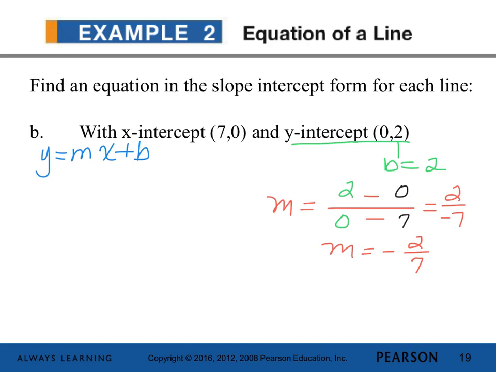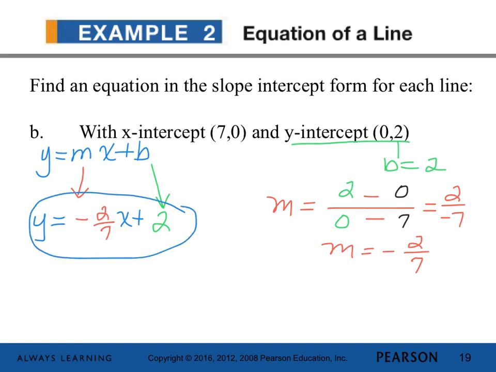And we have the slope is equal to -2/7. And we have that b is equal to 2. And so y equals the slope m times x plus b. If you don't have the slope, but you have the points, you can always find the slope.